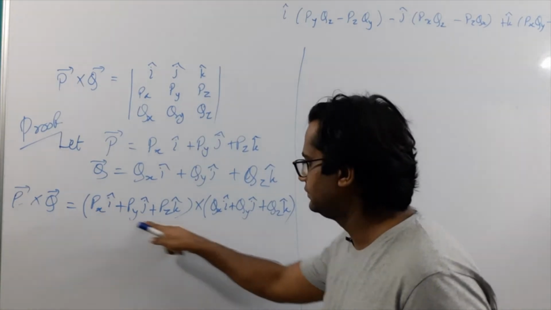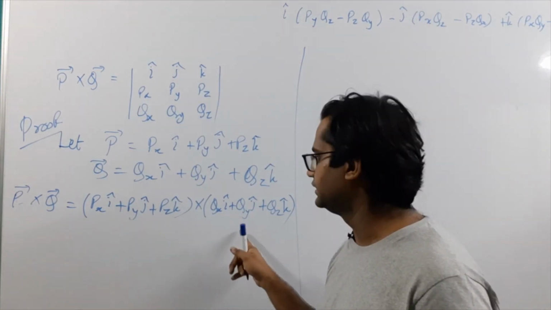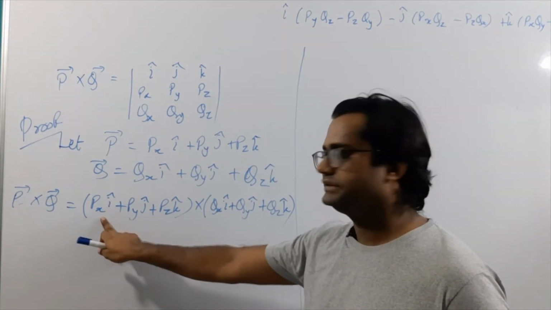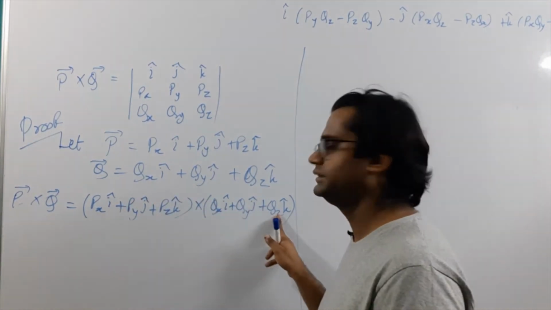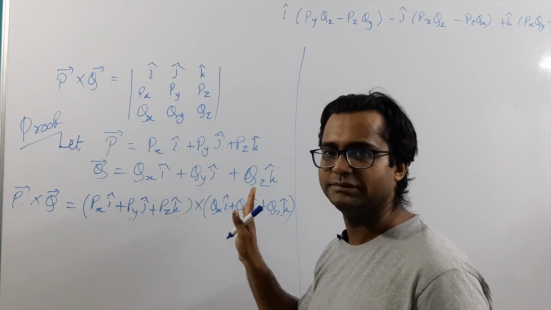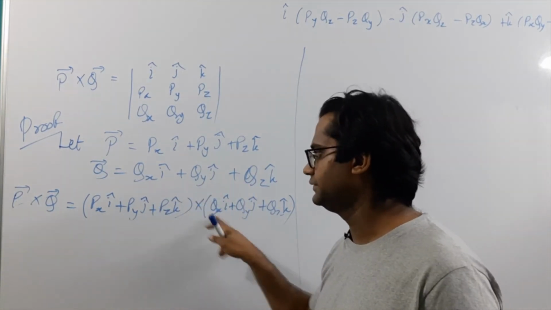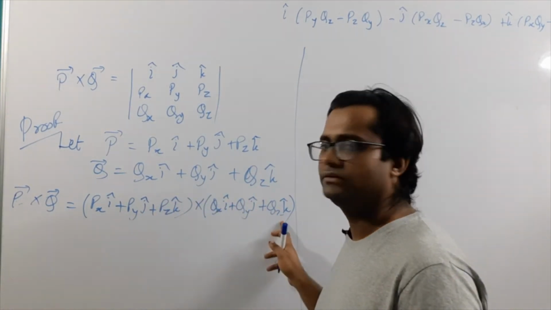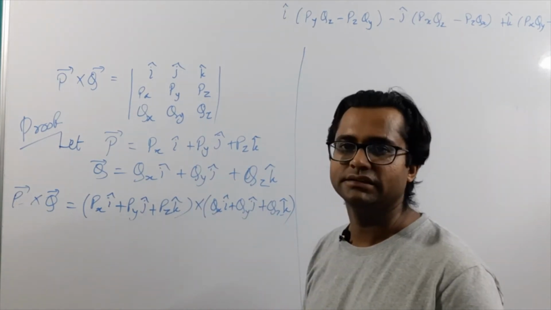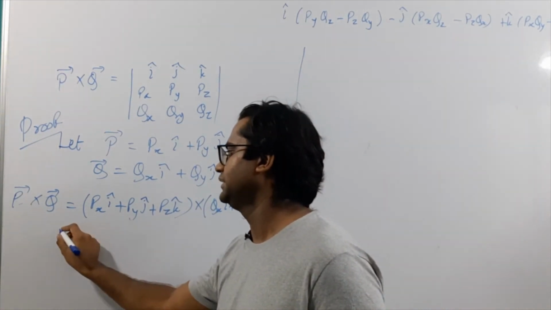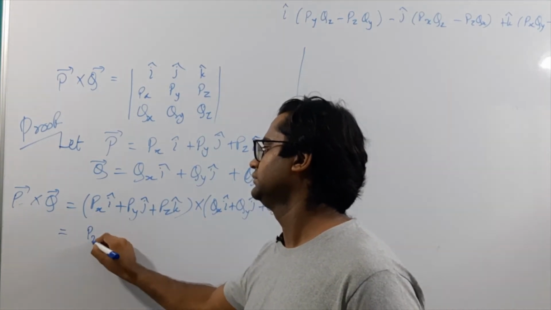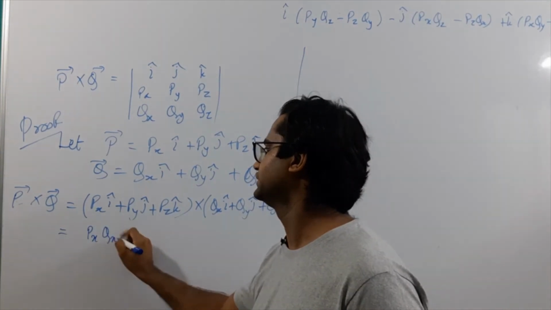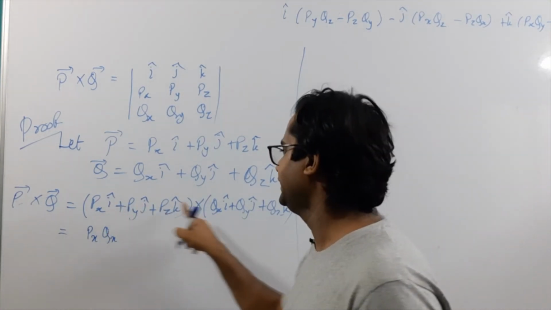Now I have one bracket multiplied by the other vector bracket. So what I will do: first term into first term, first term into second term, first term into third term. Then second into first, second term into second, into third. In the same way we will multiply the third term also. So first into first will give px qx i cross i.